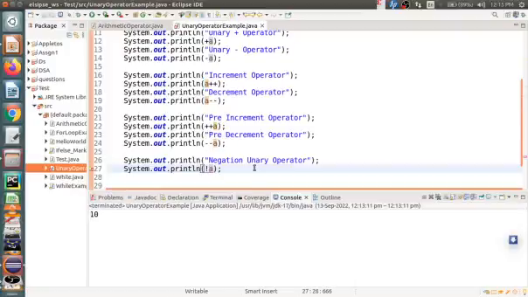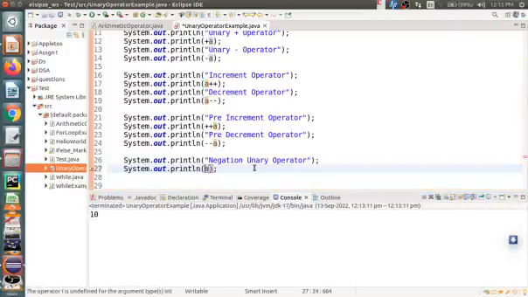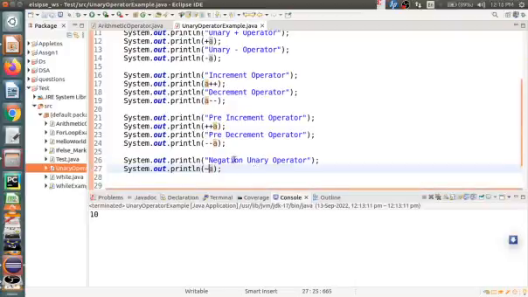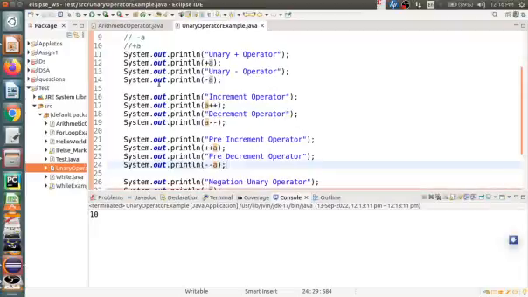This is not taken. Okay, now let us run this one.